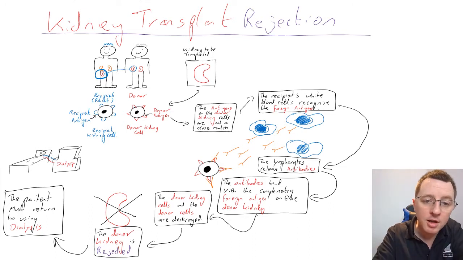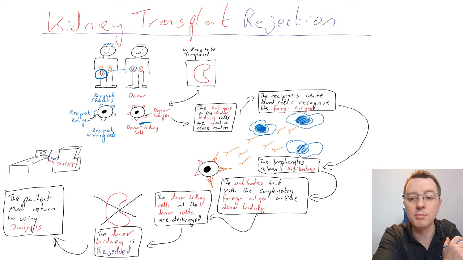In particular, you need to think about the little proteins that stick out of the cell membrane called antigens. Now I've shown the two different antigens there by showing the donor antigens as being a triangular shape and the recipient's antigens being sort of a semicircle shape, and clearly they are not a close match. They are not similar to each other.